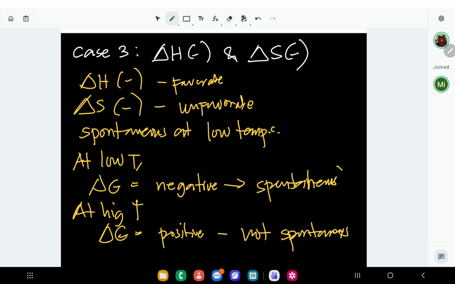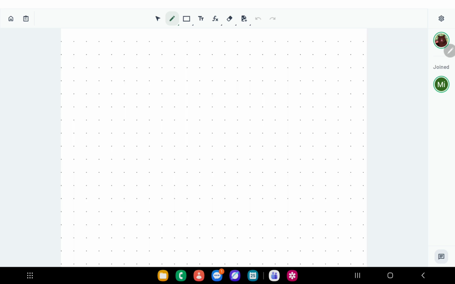How about when both are positive? Can you go to the next page? Okay, this is case 4. Delta H is positive and delta S is positive.